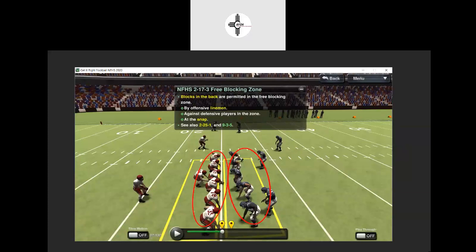If we could have one of the regional assigners, either Mike or Leonard, discuss our philosophy on this, because it's going to be really difficult to tell whether that blue 58 was inside or outside that free blocking zone, and when that foul or non-foul occurs with the block in the back. And what they want called, if this does show up on video through a coach.